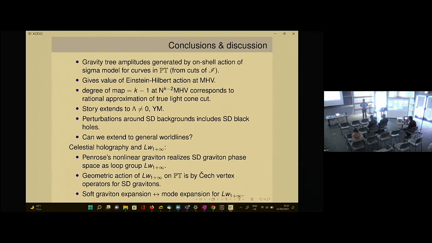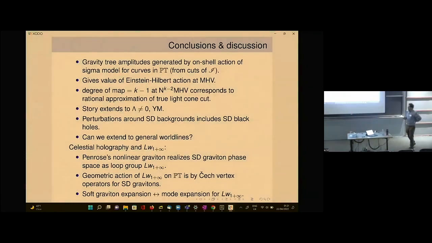Is there any obvious reason why you can't just get the whole amplitude for, let's say, something like Kerr-Taub-NUT by averaging essentially the self-dual and the anti-self-dual halves? Well, I think that was my image: you have your self-dual black hole and then you fill in the anti-self-dual part with perturbations.